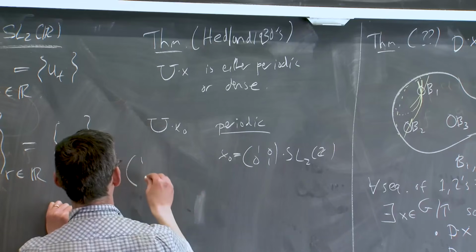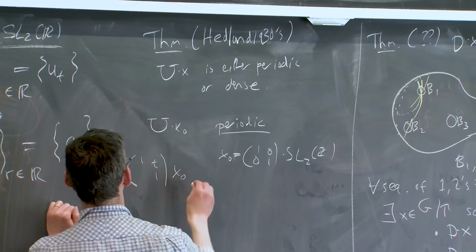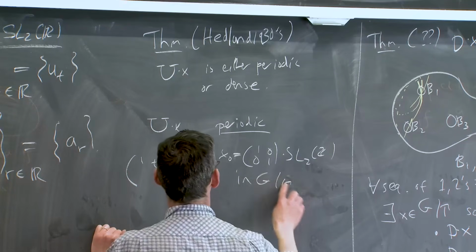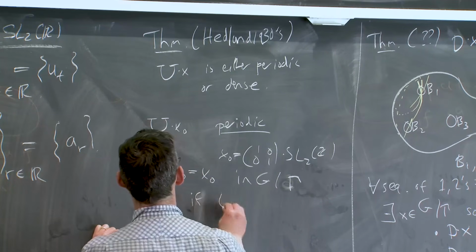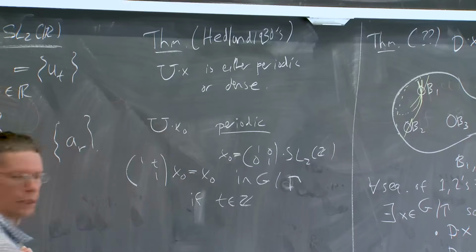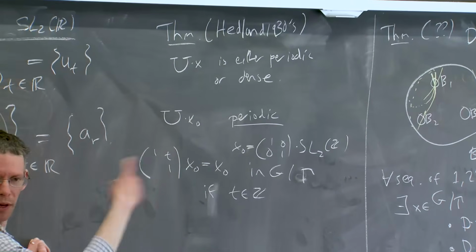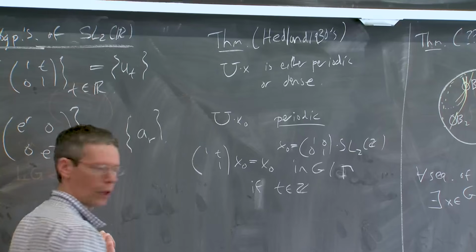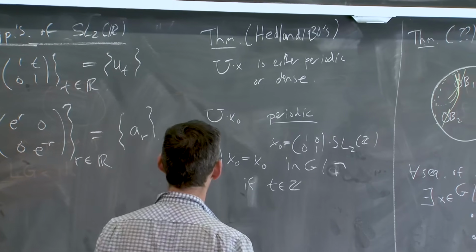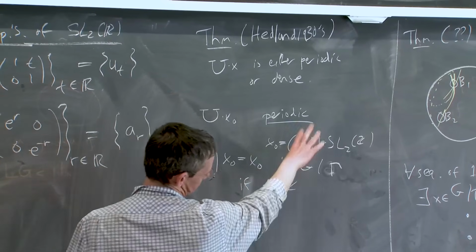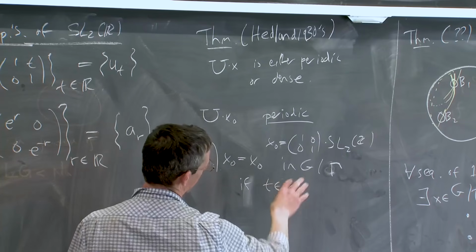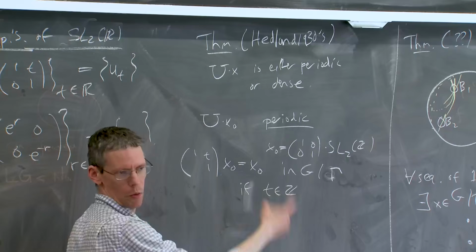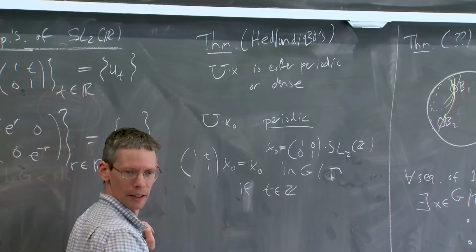So if I take 1, 1 t x naught, that's equal to x naught in G mod gamma if t is an integer. So that's a periodic orbit. It makes a closed circle in G mod gamma. But if you were to start with a kind of weird-looking choice of x naught, then there won't be any obvious periodicity.